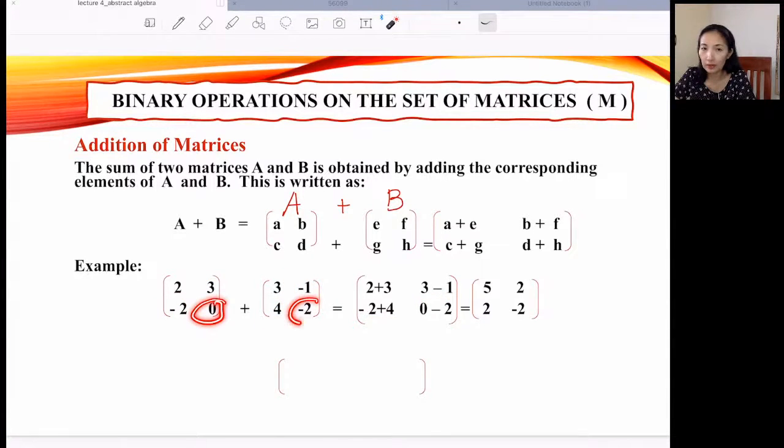There we have it. And simplifying it further, 2 plus 3 is 5. Okay? 3 minus 1 is 2. Negative 2 plus 4 is 2. And 0 minus 2 is negative 2. Okay? So that's how simple it is.